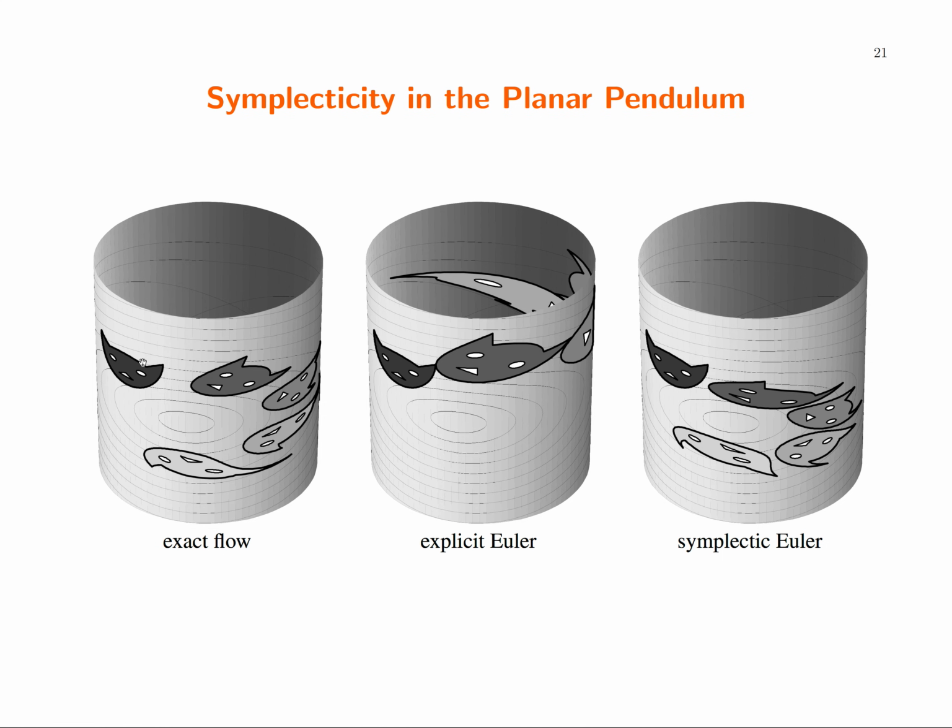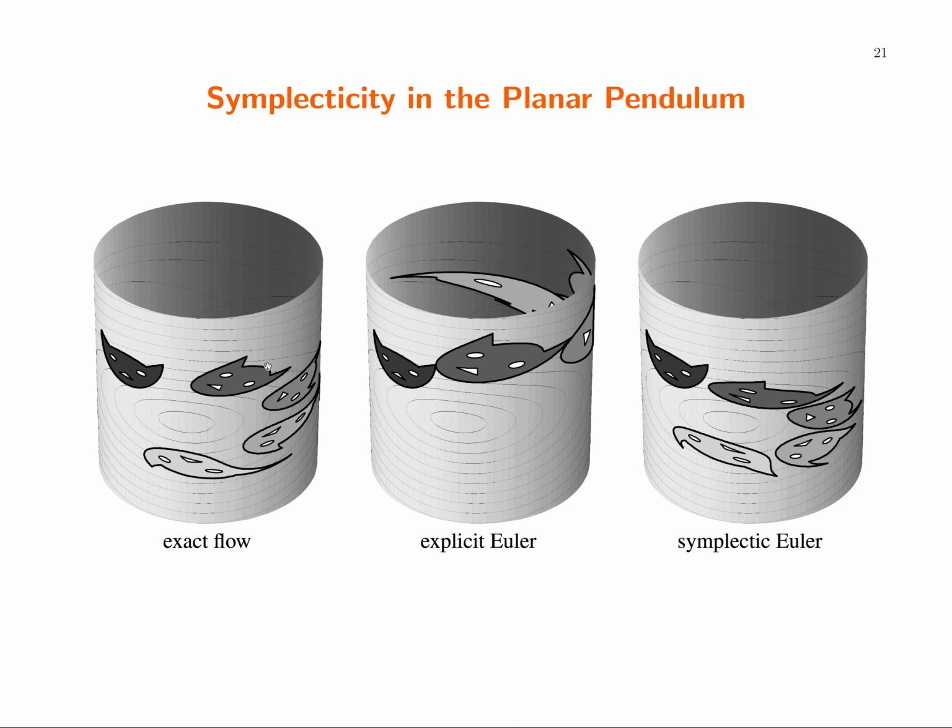So if you look at the phase portrait for the planar pendulum, and you start off with a bunch of points as initial conditions, which is represented by this cat-like initial condition, then what happens as you advect by the flow is that the shape gets distorted, but the actual area enclosed remains constant in motion.